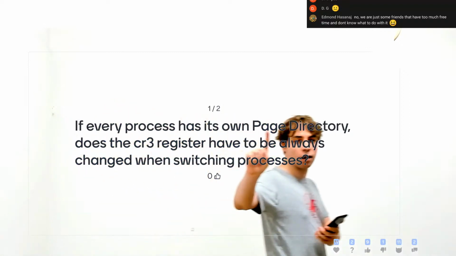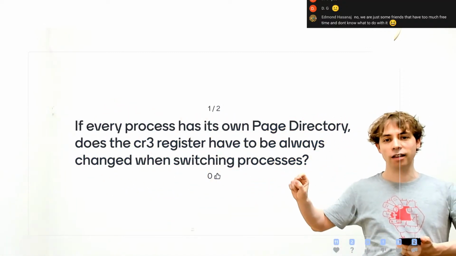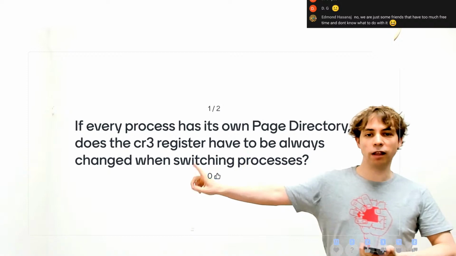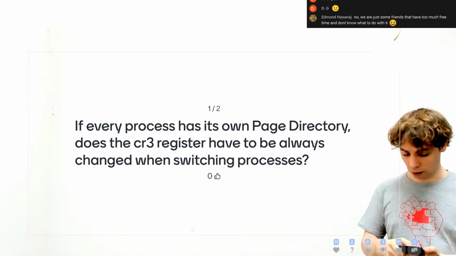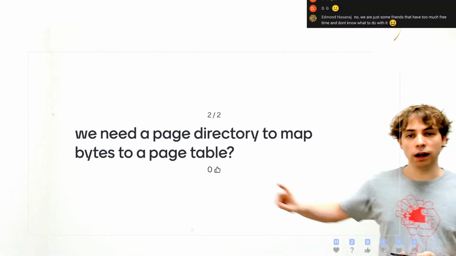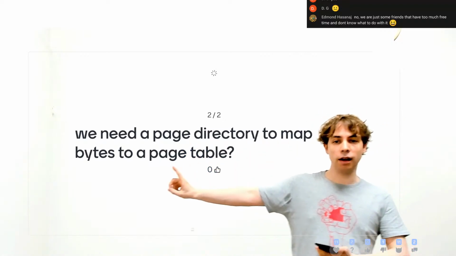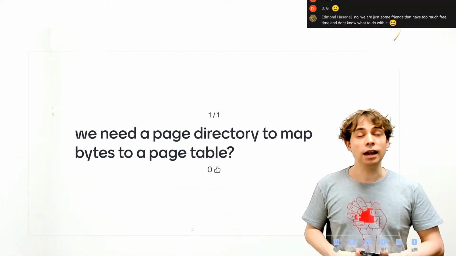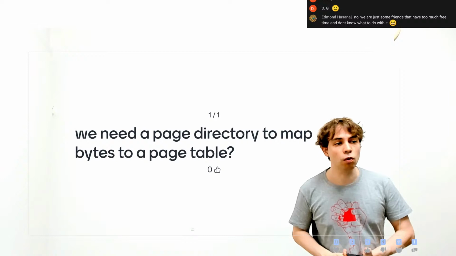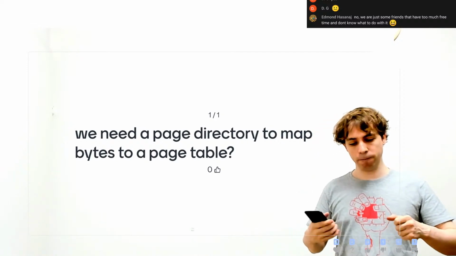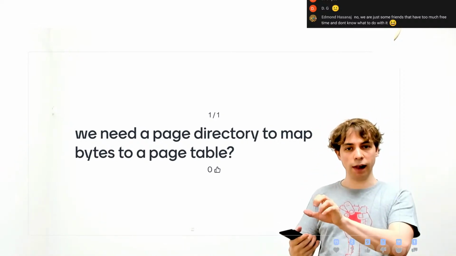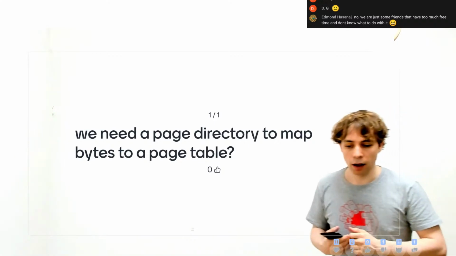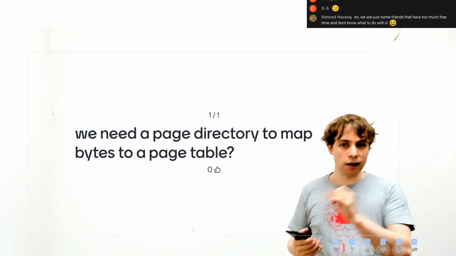If every process has its own page directory, does the CR3 register have to be always changed when switching processes? Yes, absolutely. You're correct. We need a page directory to map bytes to a page table. We want to translate a virtual address to a physical address. And this is a multi-level process.